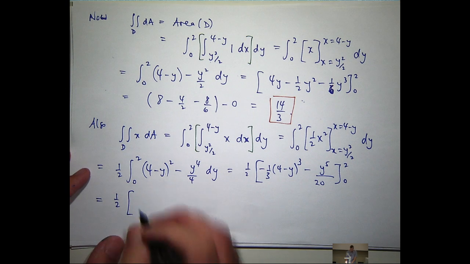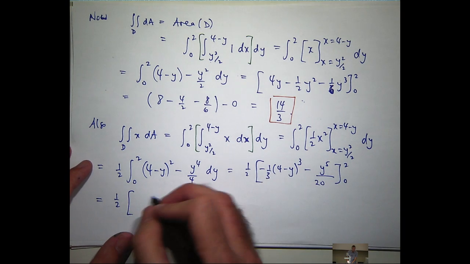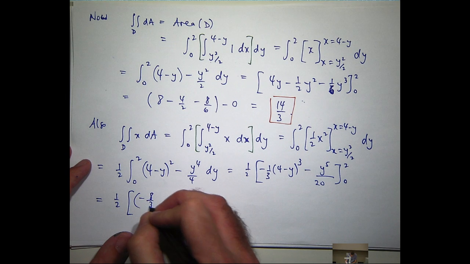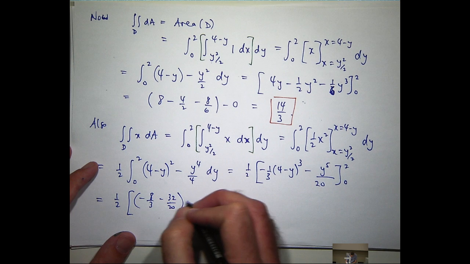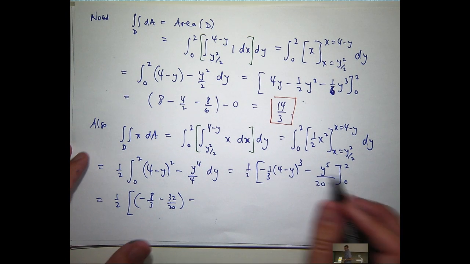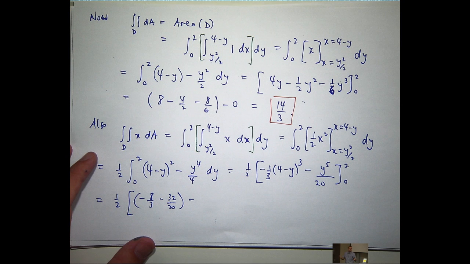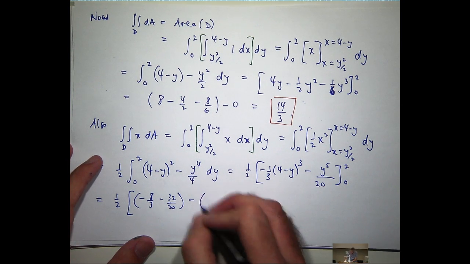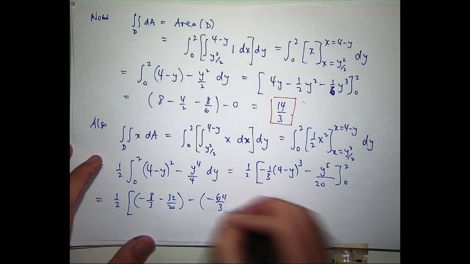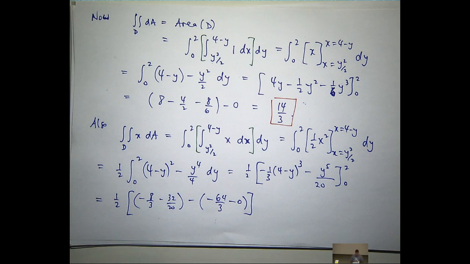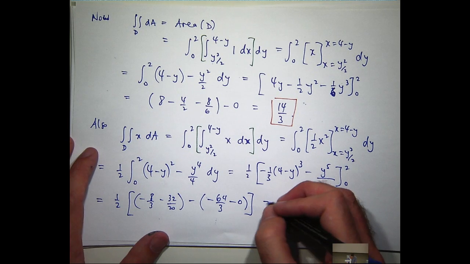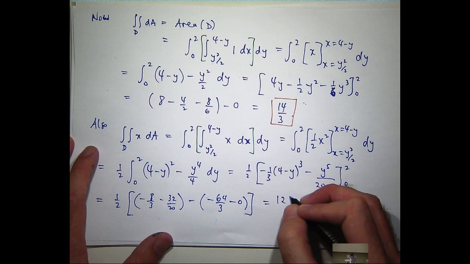Okay, so I'm going to get negative 8 on 3 minus 32 on 20 minus 4 to the 3, what's that? 64. Something like this. Okay, so if you simplify those fractions, again, according to my calcs, you'll get 128 on 15.